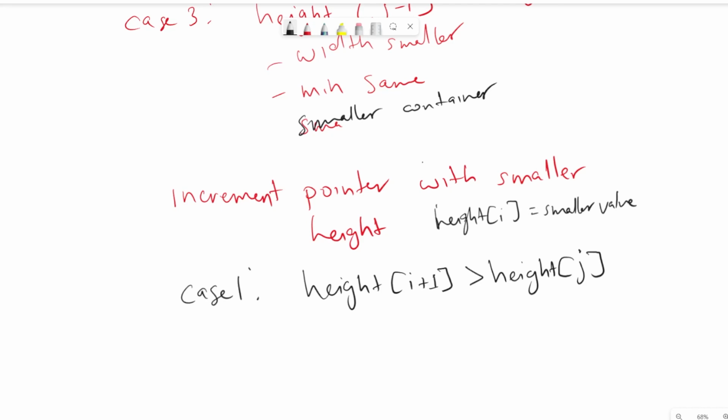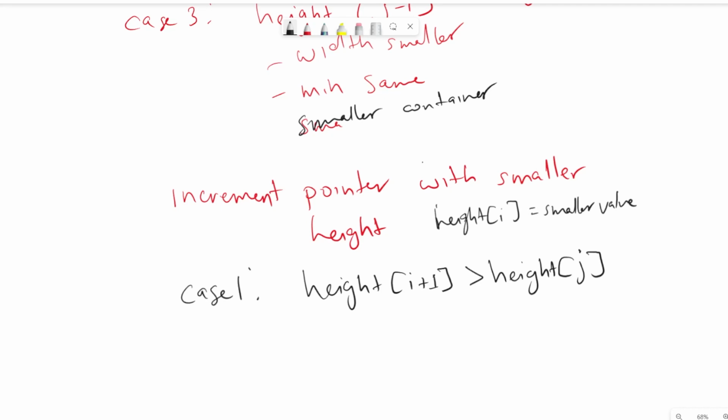So if we increment I and we see that height I plus 1 is greater than height j, well, even though the width of the container got smaller, our container height has gotten bigger. So now our previous maximum height, our maximum for the previous calculation, is now our minimum.